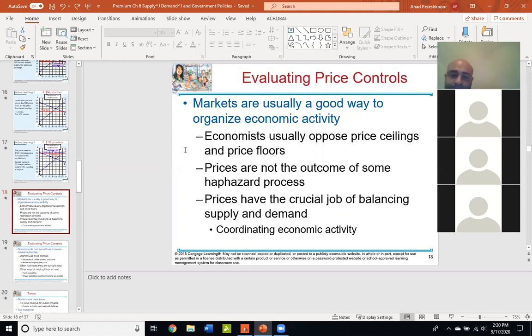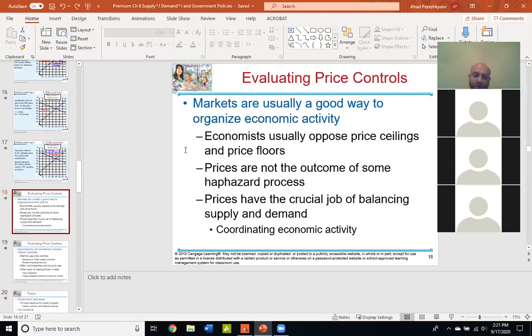Let's move on. Markets are usually a good way to organize economic activity. Economists really love their supply and demand, and it's like our children. These cross here, this is like our child. We don't want people to intervene with his business. Let him do his thing, Mr. Government.